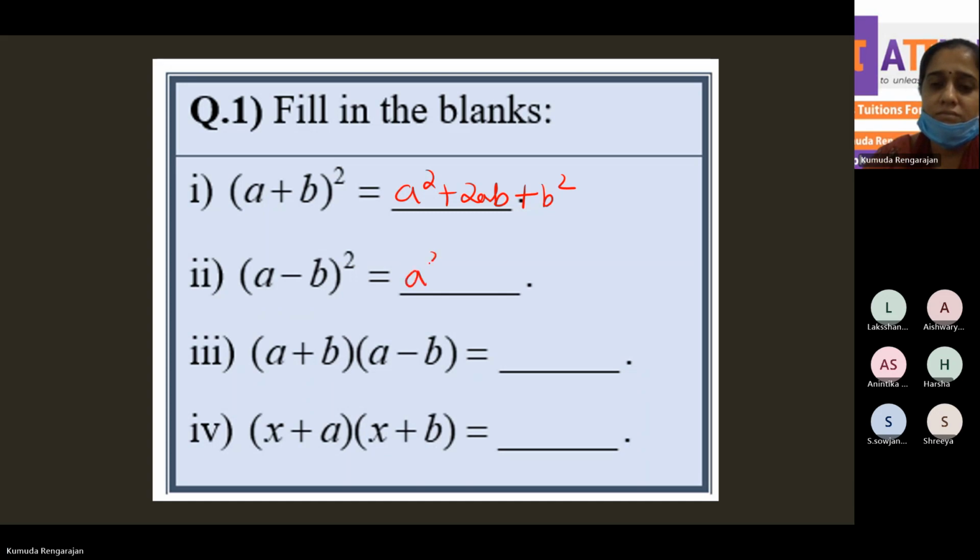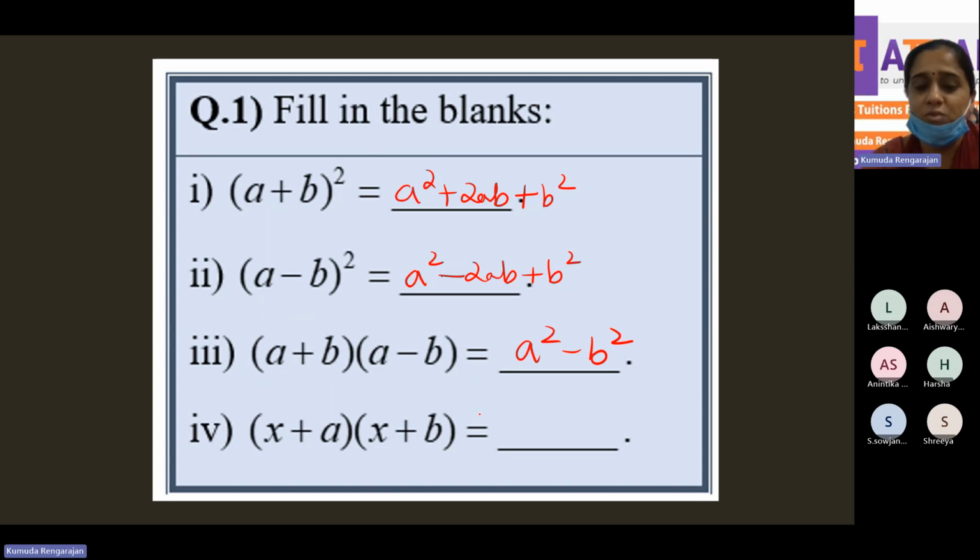A square minus 2ab plus b square. What is a plus b into a minus b? A square minus b square.